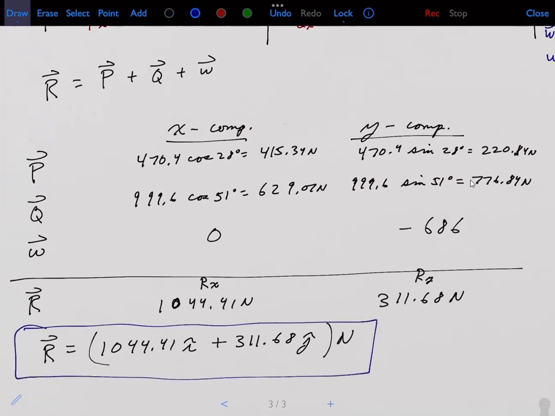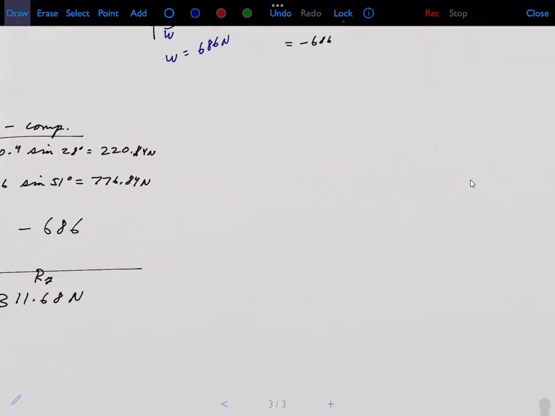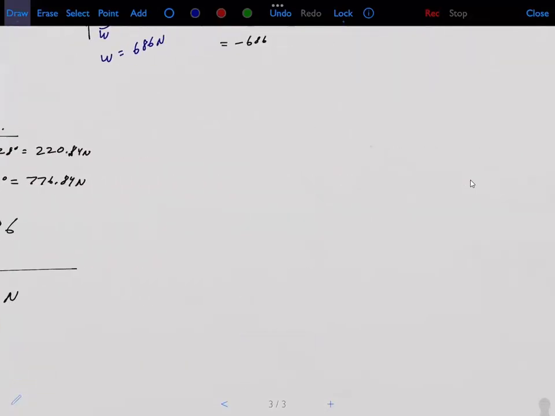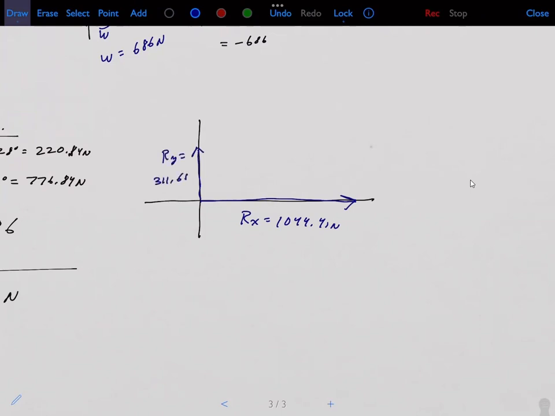So to do that, let me draw this out. It looks like we're in the first quadrant, right? Because we're saying Rx is 1044.41, and then Ry is 311.68 newtons.